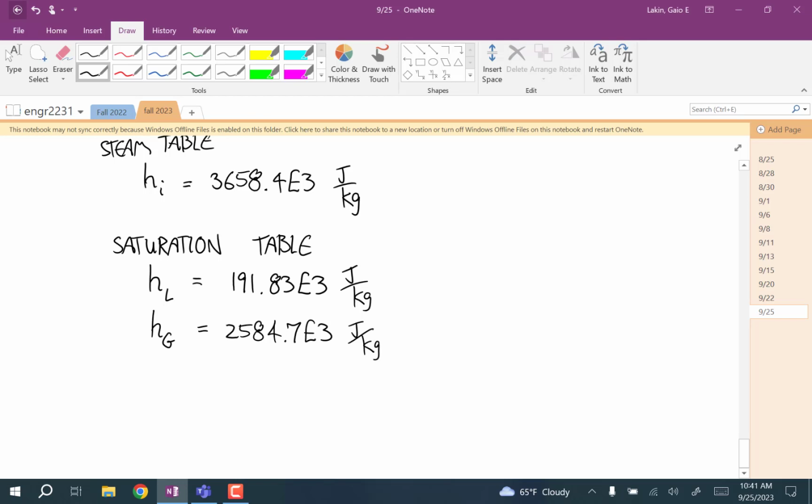Okay, so now how do we use those to calculate the specific enthalpy for the whole combination of liquid and gas? Quality? Yeah, we have that quality equation, so we know that H at the exit is going to be the quality times H for the gas plus 1 minus the quality times H for the liquid.